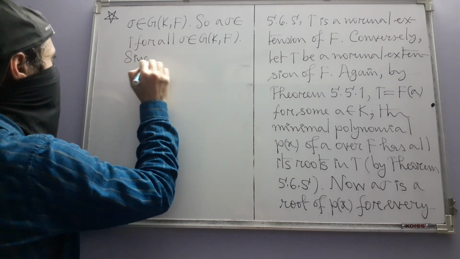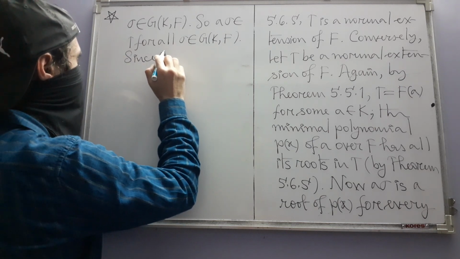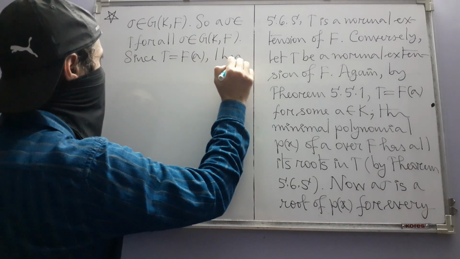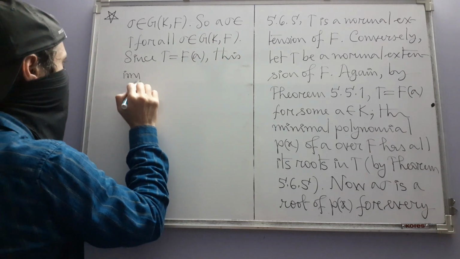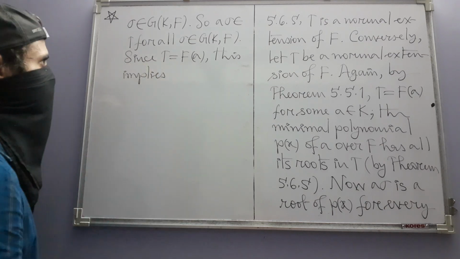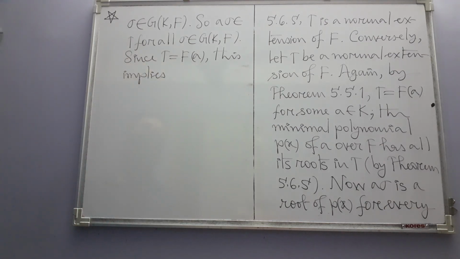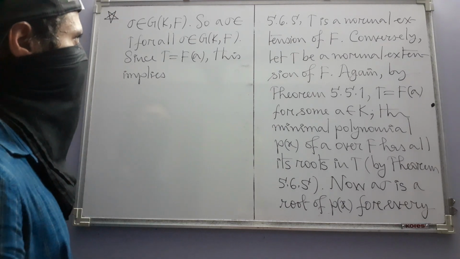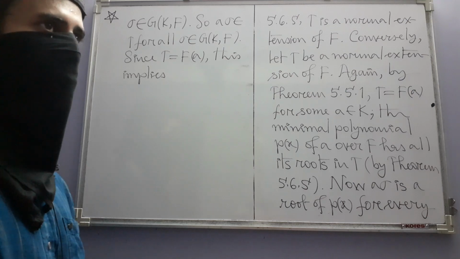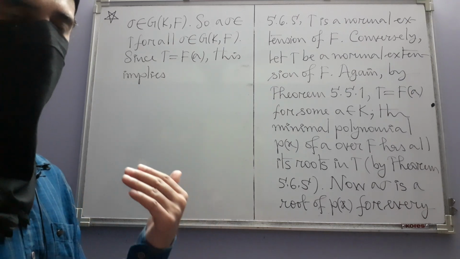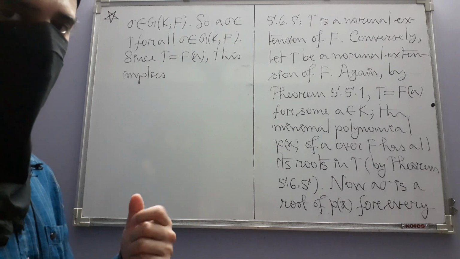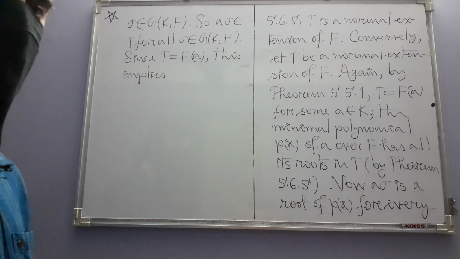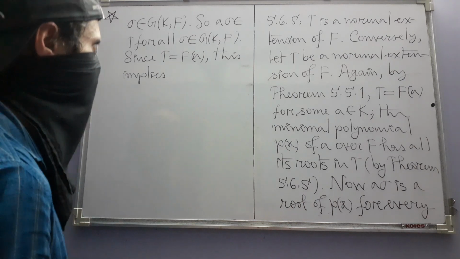Since T is equal to F(a), this implies what? Because T is ultimately F(a), any element in T is going to be an expression which is a rational function in A. The numerator will be a polynomial in A with coefficients from F, and the denominator also will be like that.